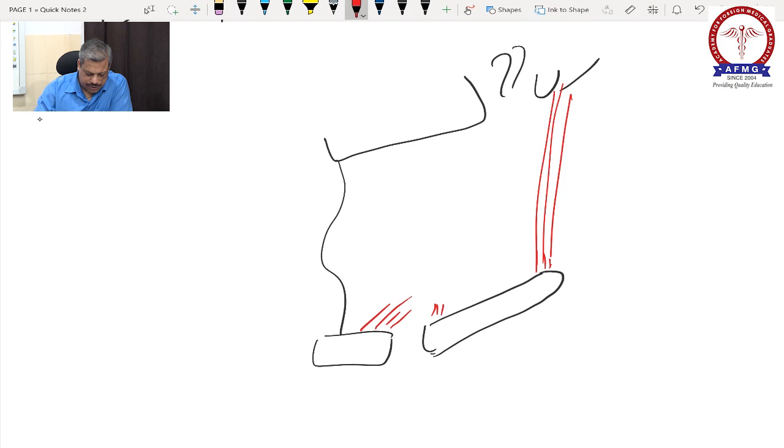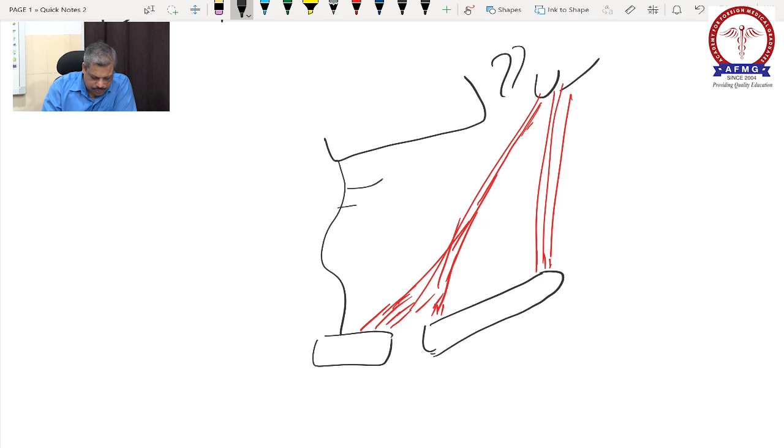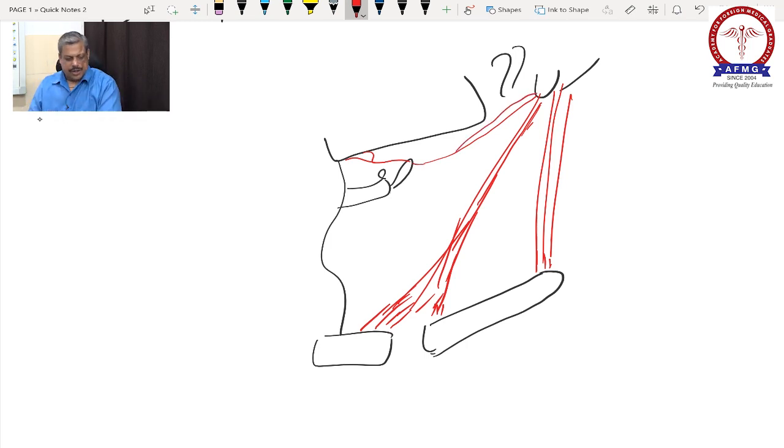This is the sternocleidomastoid muscle. Anterior triangle and posterior triangle. Now see, this is the position of the hyoid bone. Now see the suprahyoid muscle. This is the anterior belly of digastric and the posterior belly of digastric.